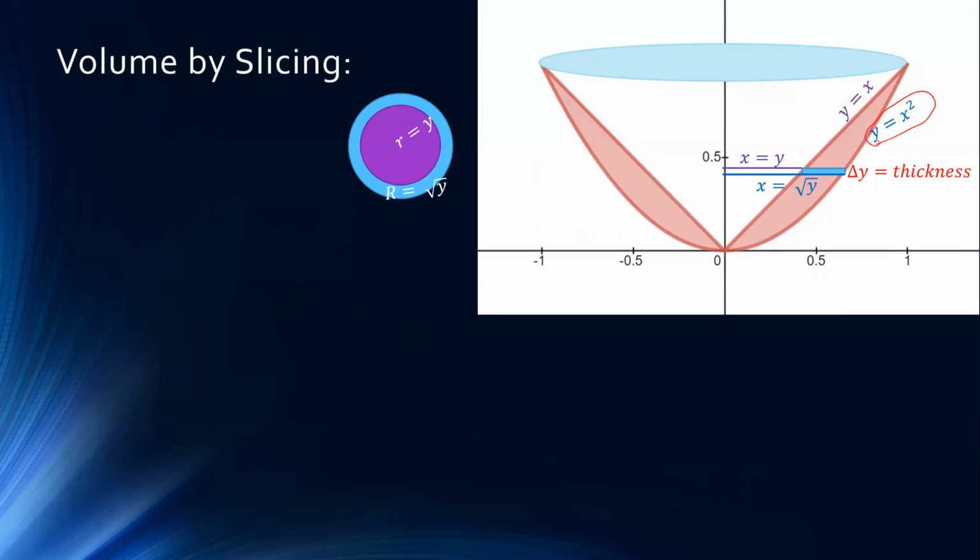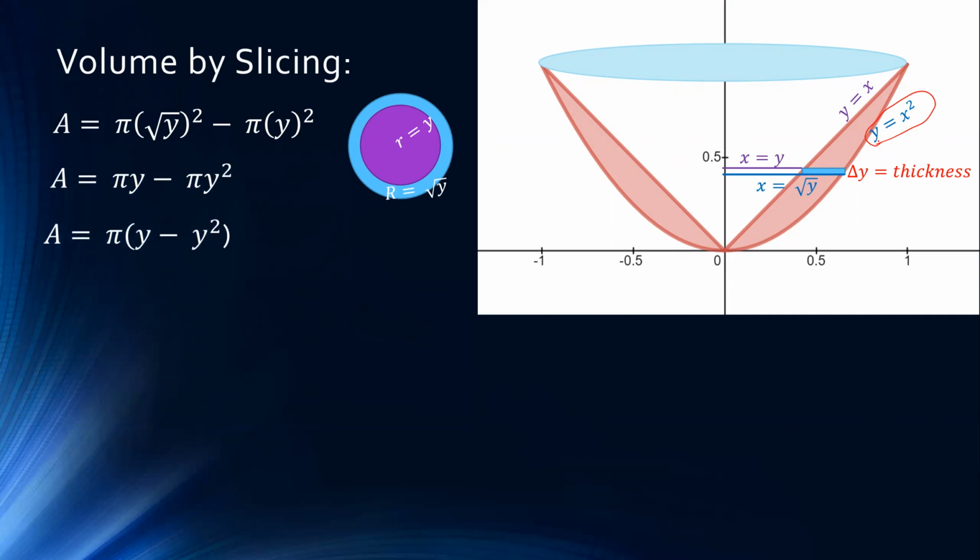And how do we do this again? By slicing, first we need to look at the area of the cross section. And that would be pi big R squared minus pi little r squared, right? The blue minus the purple circle there. Okay, clean that up a little bit, factor out the pi. Okay, I would have that.